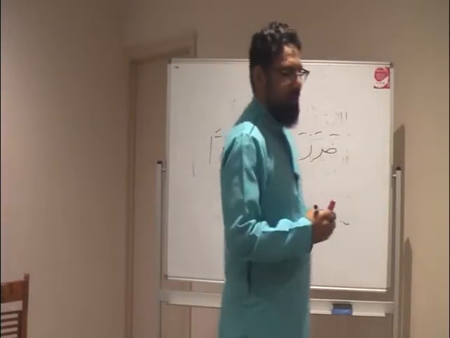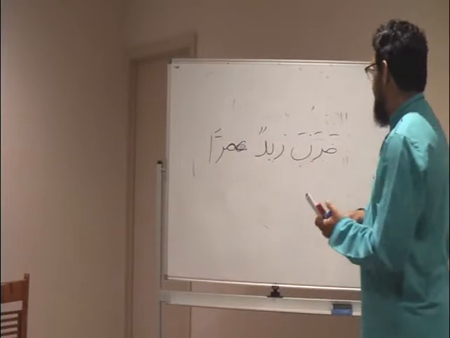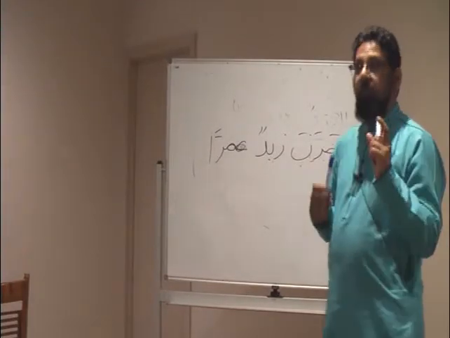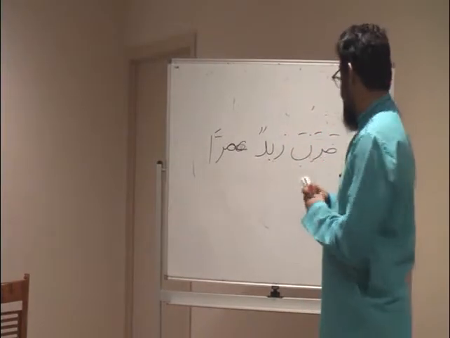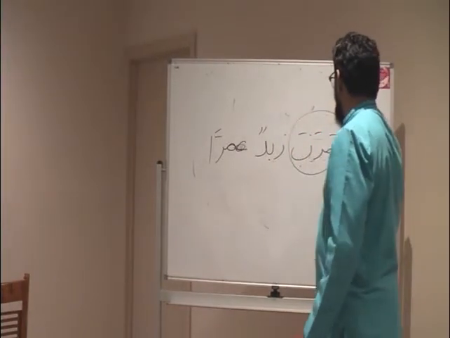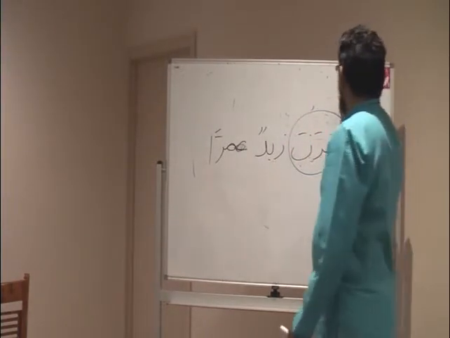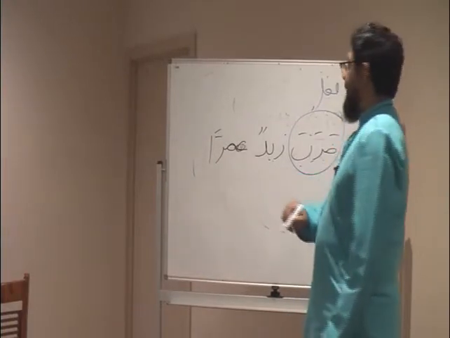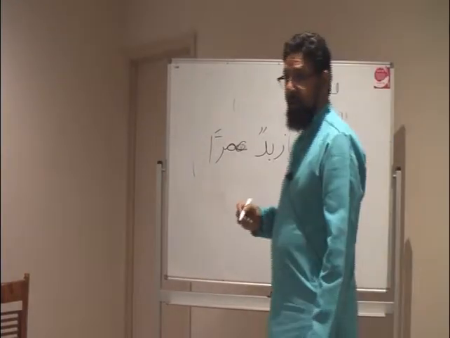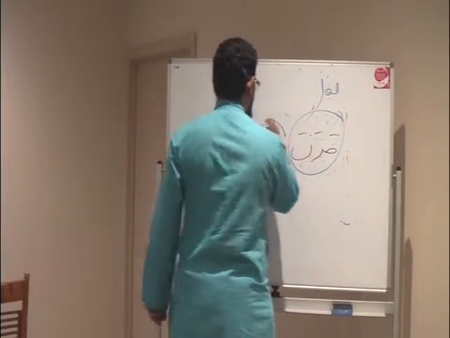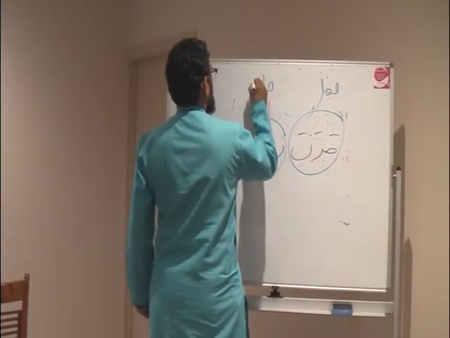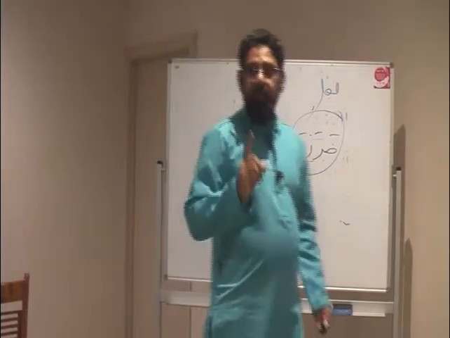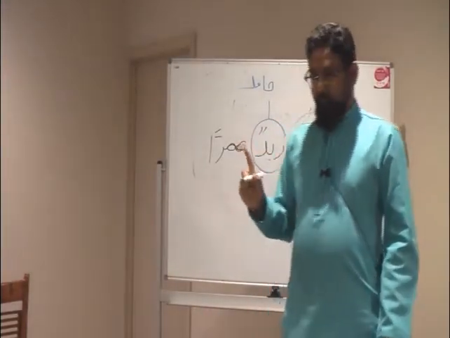So here, this is fi'liya, and the minimum requirement for a jumla fi'liya is that it must have a verb, which is a fi'l, and it must have a fa'il, a subject, which in this case is Zaydun. This is the minimum required.